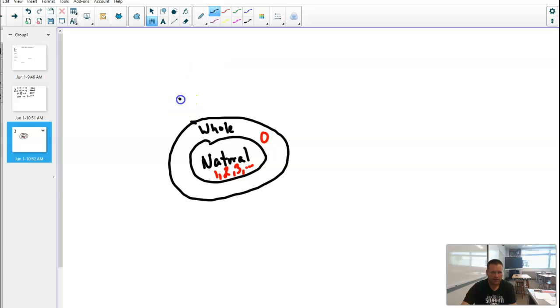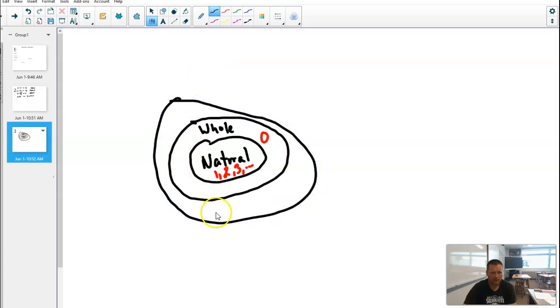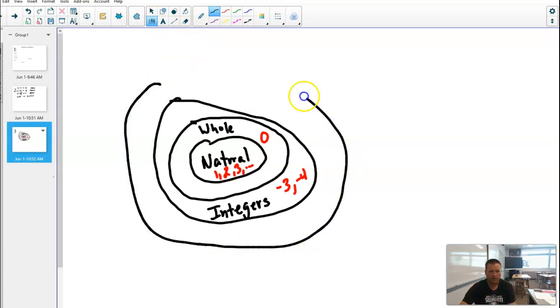The next part out, and hopefully you guys are already talking about this, is integers, which is going to include all my negative values, so like -3, -4, everything else that goes in there. The next ring around includes everything, and then adds onto that.